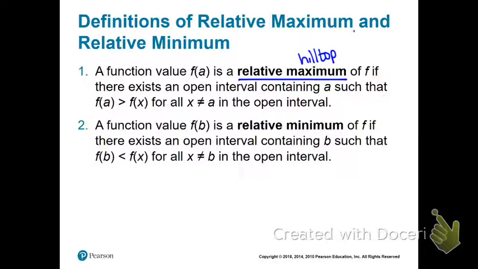So like I may have a graph that looks something like this. This point right there is a relative, or sometimes I'll call it a local, maximum. It is not the maximum of my entire graph, but it is a maximum point between two different x values. Let's just say these two x values. Okay, so therefore it's a relative maximum.